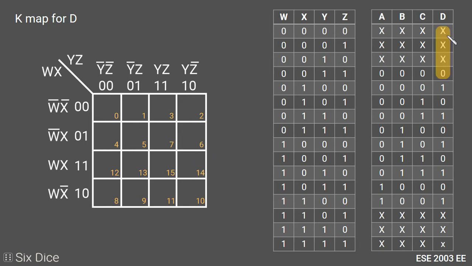The first 4 values are don't care, don't care, don't care and 0, so we put those here. The next 4 values are 1, 0, 1, 0, so we put 1, 0, 1, 0. The next 4 values are again 1, 0, 1, 0. The last 4 values are 1, don't care, don't care.